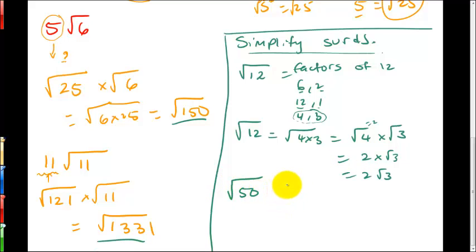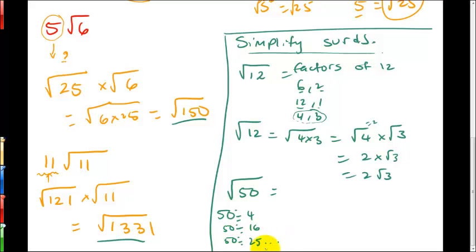Well, you can go ahead and list all the factors, whereas the way I would do it is try to divide 50 by your perfect squares. So 50 divided by 4, 50 divided by 16, 50 divided by 9, I missed 9 there, and then 25, and so forth, until you get the smallest number you possibly can.